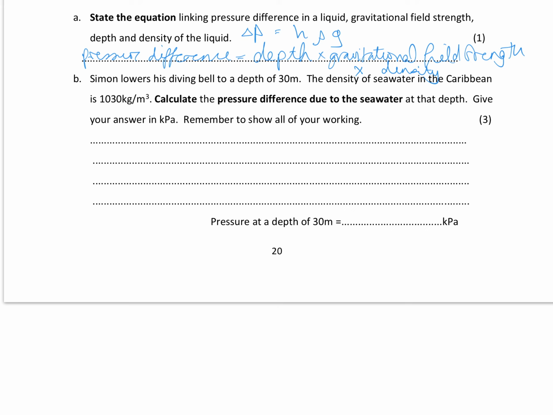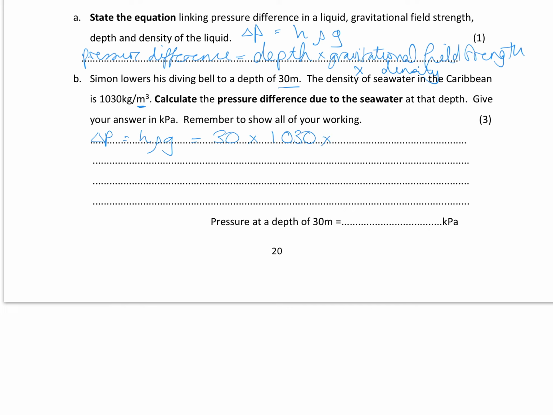So pressure difference is equal to h rho g, which is equal to, I'm going to put that there, 30 times, in metres, remember, has to be in metres because you've got a metre here in the density. So that's consistent, lovely.